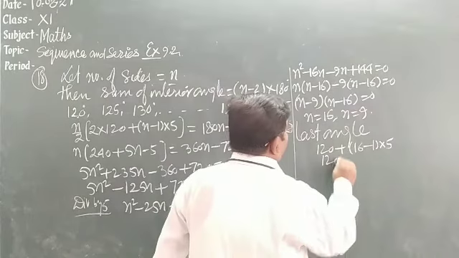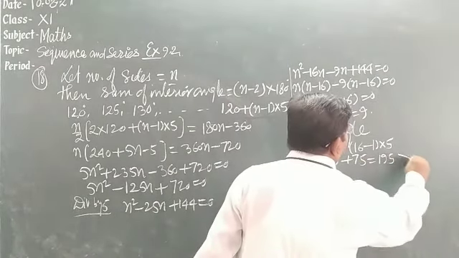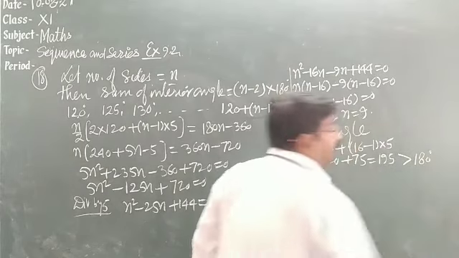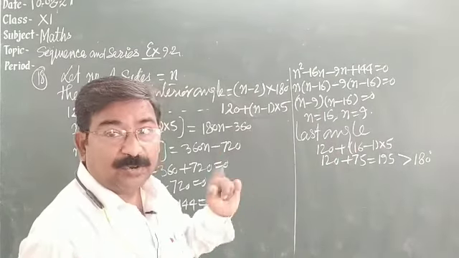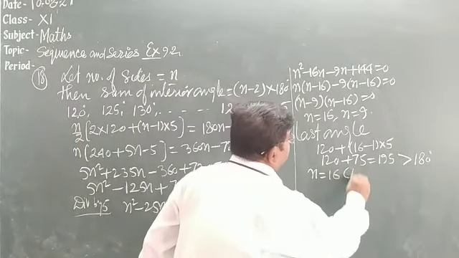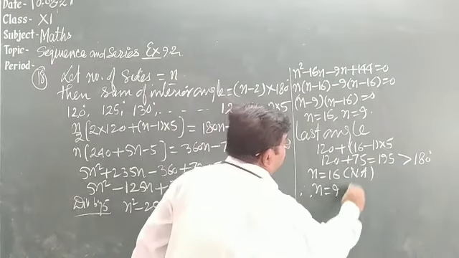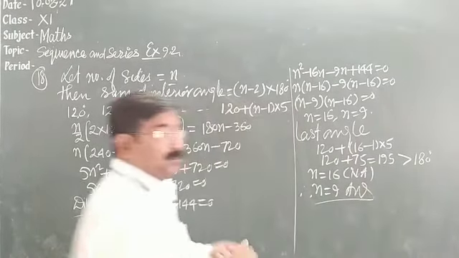This is 120 plus 75, equal to 195, which is more than 180 degrees. It means n equal to 16 is not applicable. Therefore, n equal to 9 is the answer of this question.